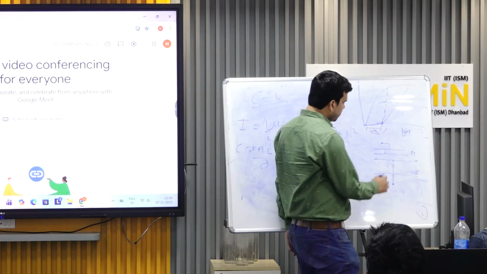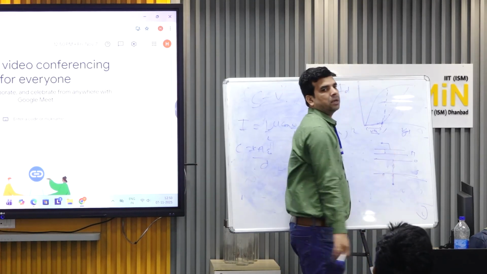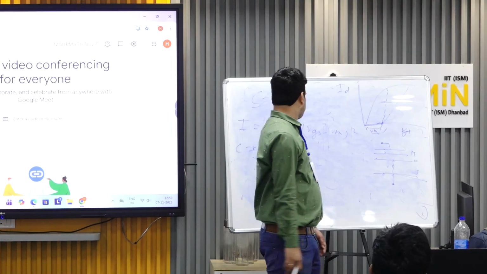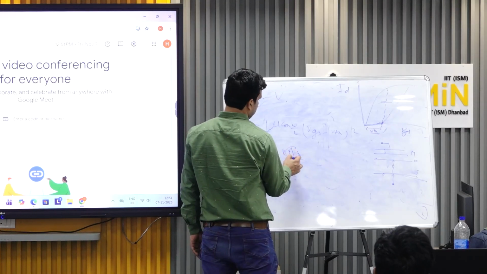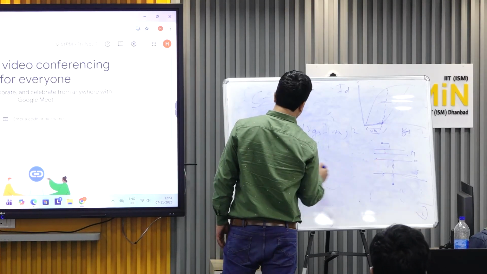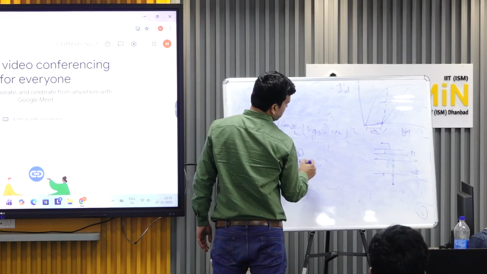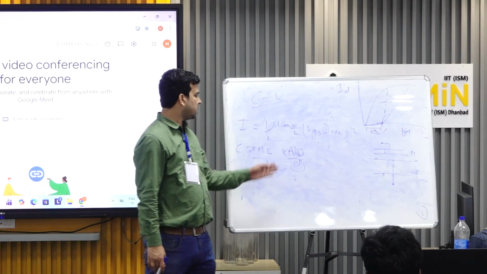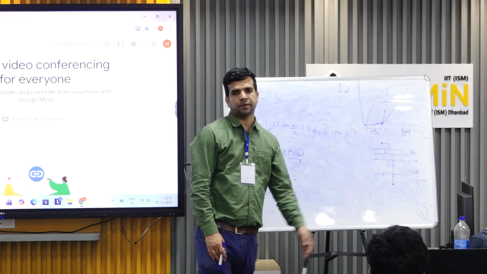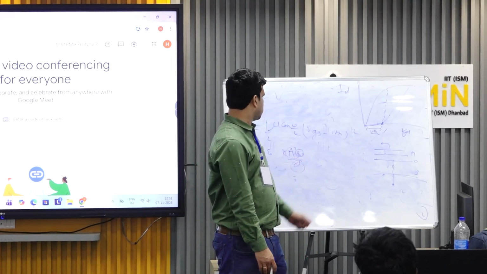So the only capacitive part will be your oxide. Total capacitance here is K epsilon naught A by d, where A is the area of this layer, epsilon naught is known, d is the oxide thickness, and K is the dielectric constant of the oxide.